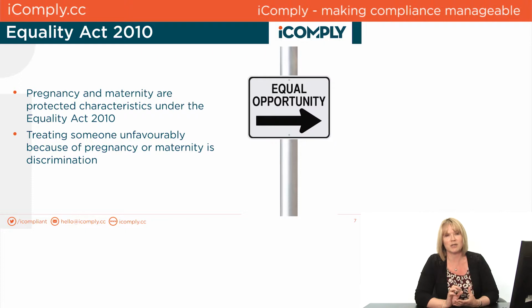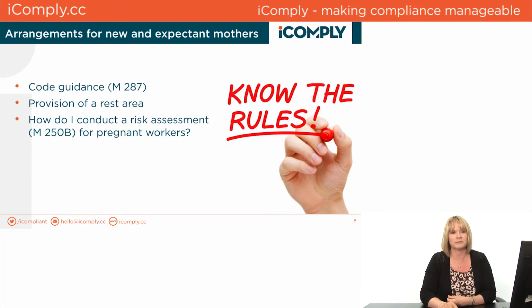And what it comes down to, they're protected to not be treated detrimentally or to be dismissed because they are pregnant or due to go on maternity leave. What I really want to highlight here is that this part of legislation actually covers self-employed associates as well. Self-employed team members are protected by this law, so be aware of that. And we'll look at that a bit further on as well.